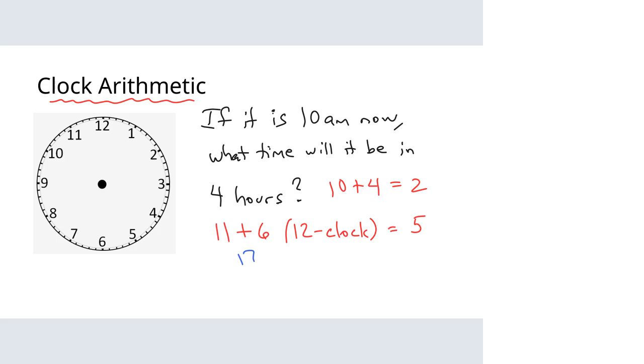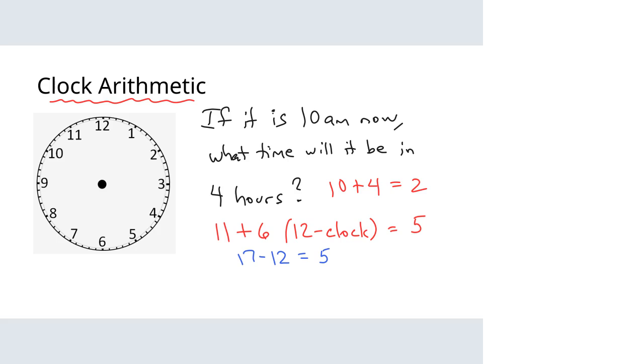One entire revolution around this clock is 12. So if I go around to 17, but I can't have 17, what I need to do is, instead of going an entire revolution around, I'm just going to subtract one of those revolutions. I'm going to subtract 12 because that's one entire revolution around the clock. So I'll subtract 12, and sure enough, I'll end up at 5.